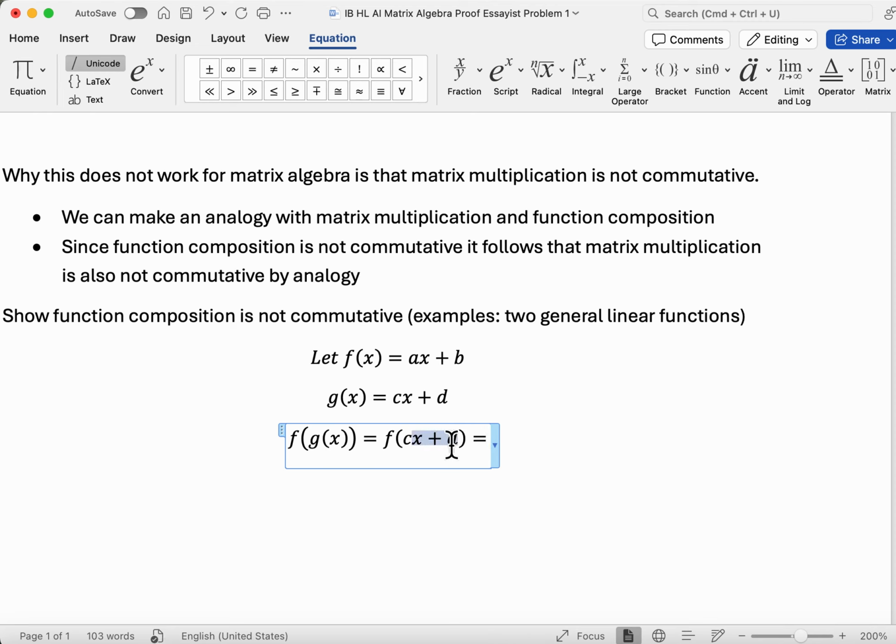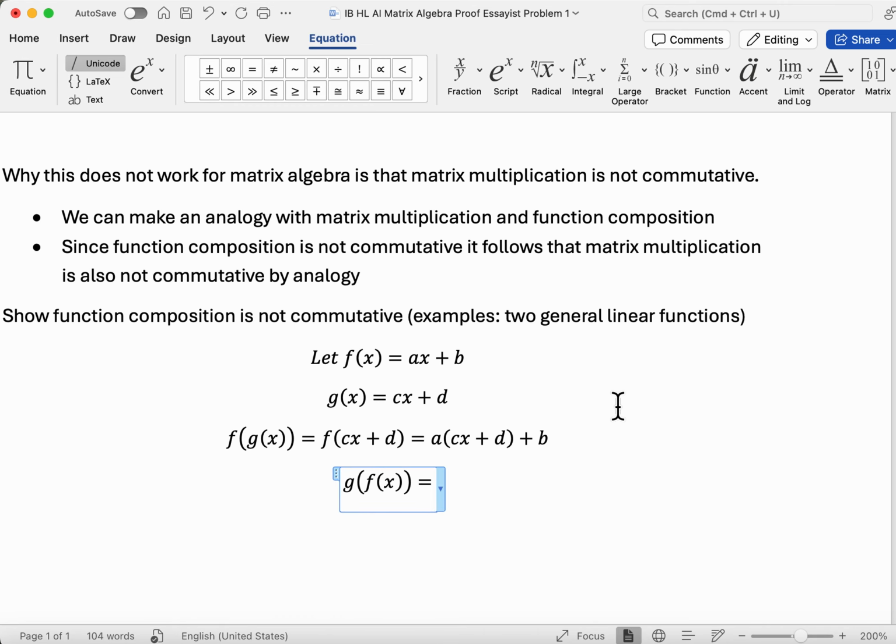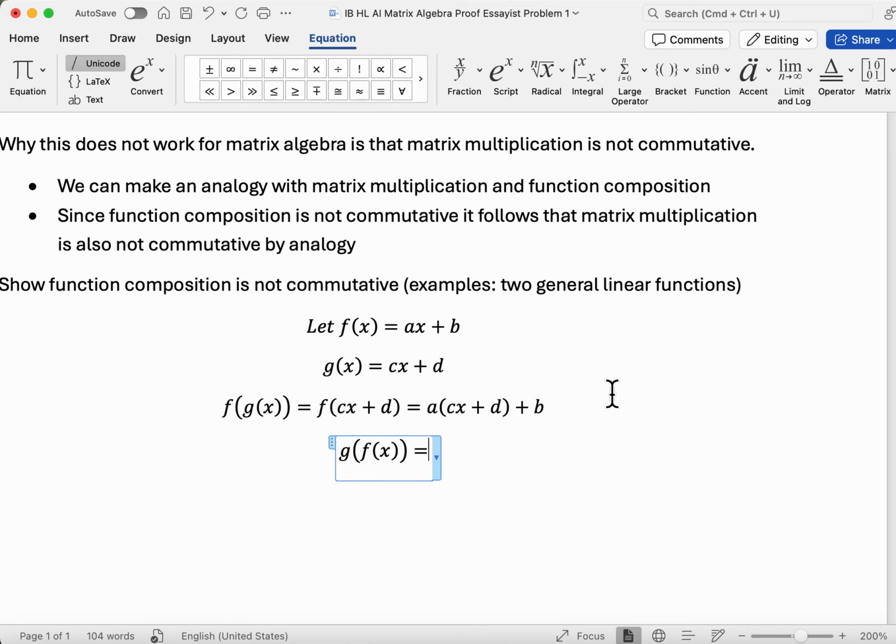But then the cx plus d we put into the domain input for the f of x function. So you just get a times (cx plus d) plus b. If we do the other way around, g of f of x equals g of ax plus b. So that's c times (ax plus b) plus d.